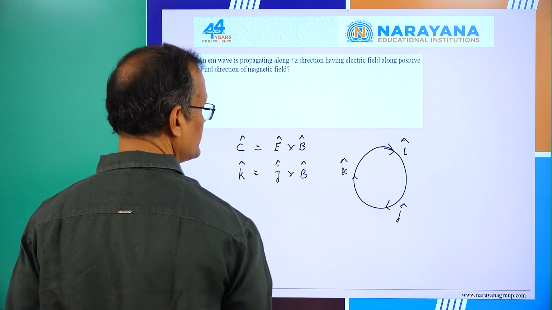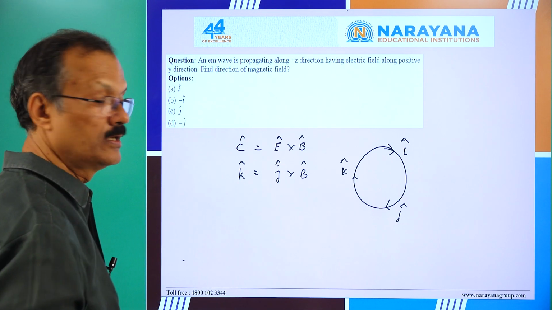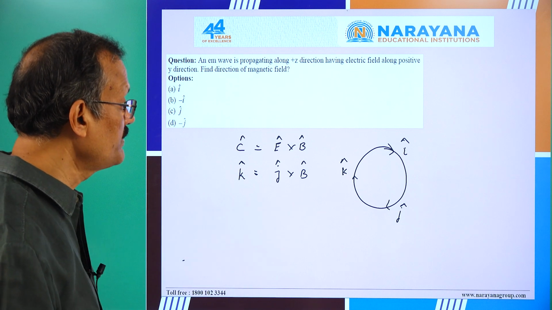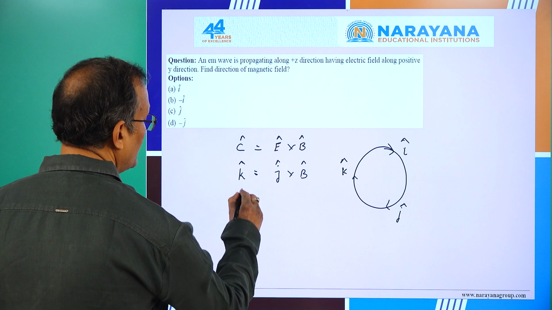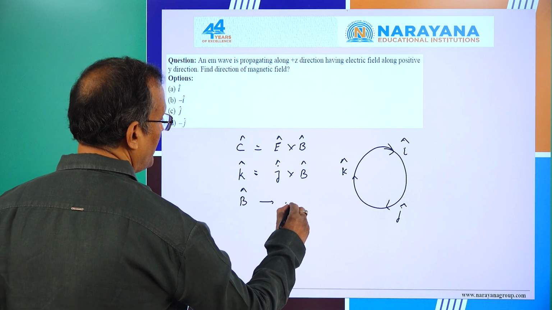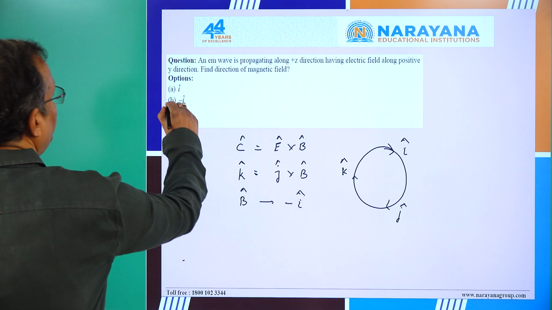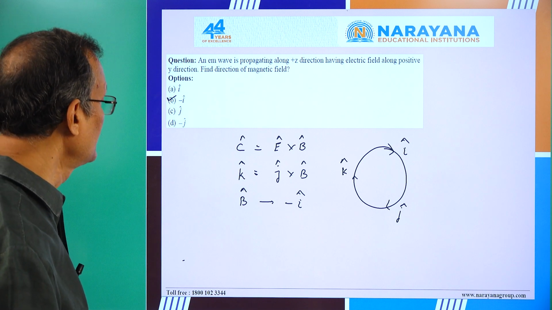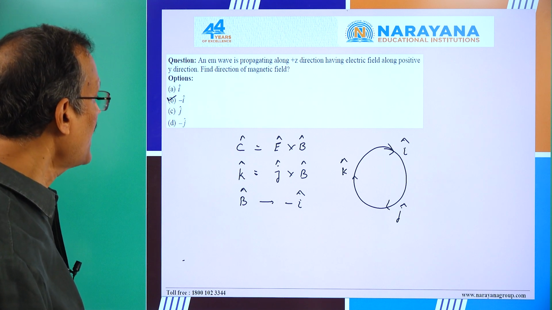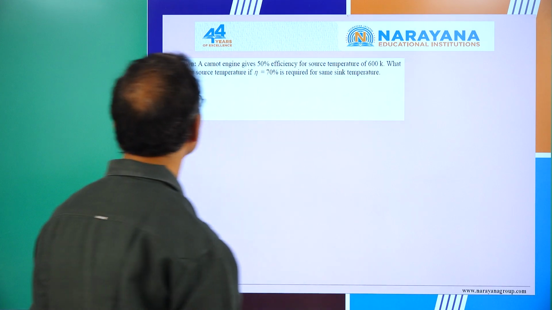I cross J is K, so J cross I will be minus K. If I want K, it should be J cross minus I. So the direction of B will be minus I. The answer will be B. So the direction of the magnetic field will be minus I. Let us now move to the next question.